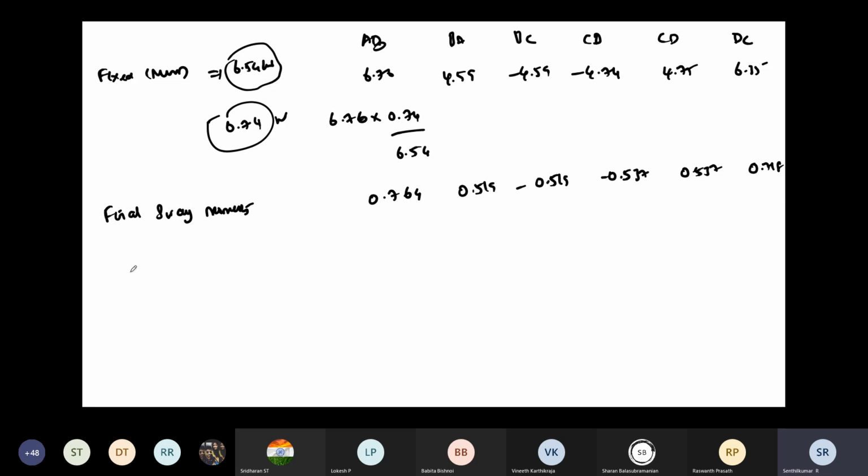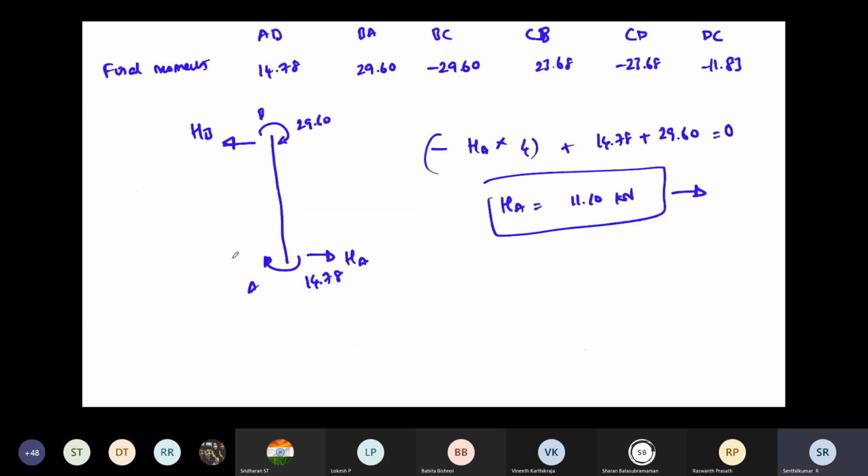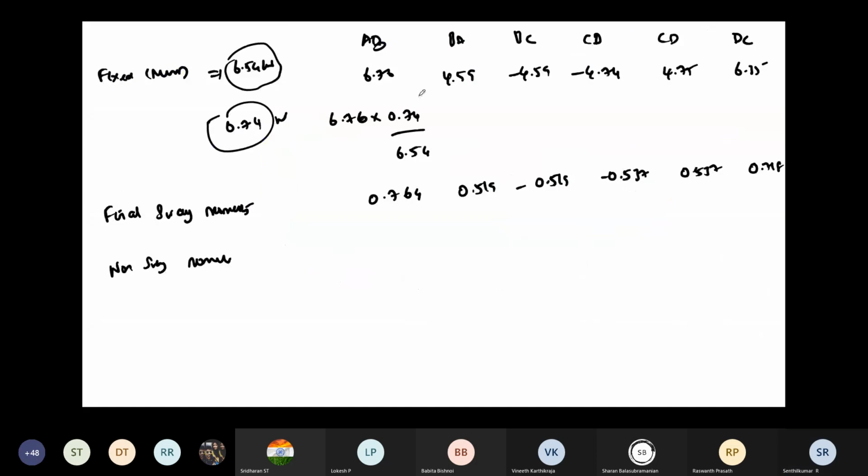So again, what is your non-sway moment? Non-sway moments we calculated earlier. These are the values of the non-sway moment: 14.78, 29.60, minus 29.60, 23.68, minus 23.68, minus 11.83.